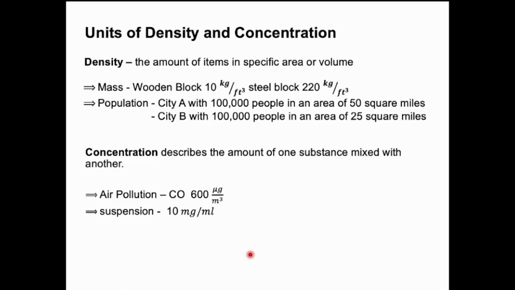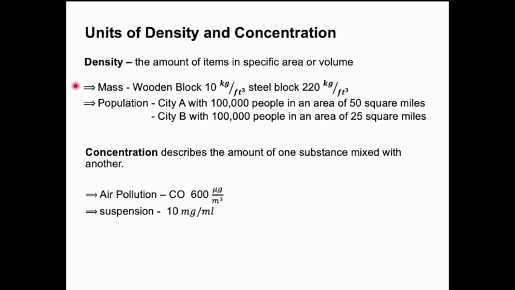The steel block is going to have a higher mass density because there's 220 kilograms packed into a cubic foot compared to the wooden block that has a density of 10 kilograms for 1 cubic foot. So there's more stuff packed into that steel block versus the wooden block.